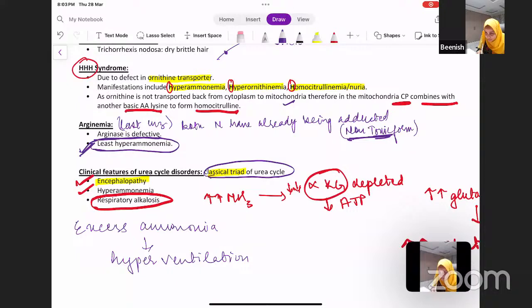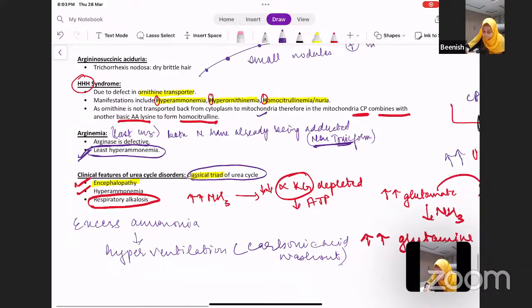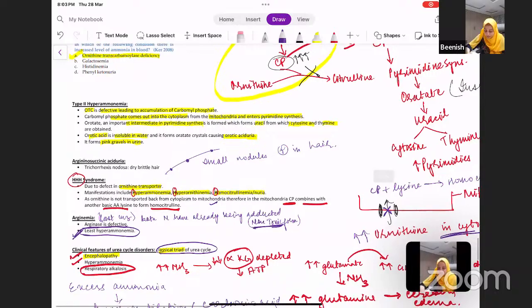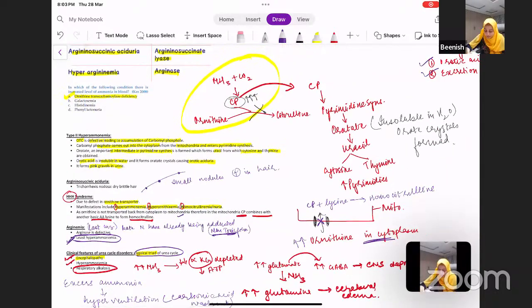Carbon dioxide, that means carbonic acid, washout. So this contributes to respiratory alkalosis. So in urea cycle disorders, you have tachypnea, that is fast breathing. So that was all about the urea cycle and the associated disorders of the urea cycle.